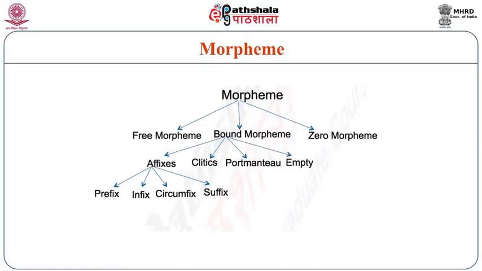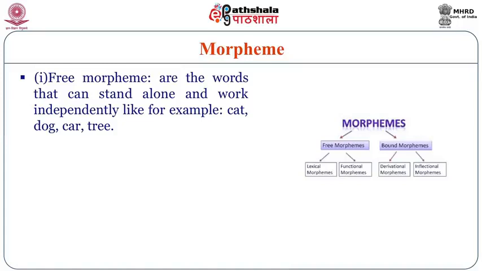There is morpheme, then we have free morpheme, bound morpheme, zero morpheme, then we have affixes, clitics, empty, prefix, infix, suffix. All these things come in a particular order. It is better understood by this classification. Now let us discuss them one by one.